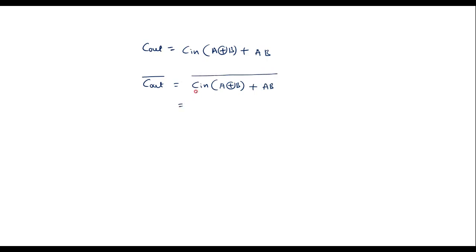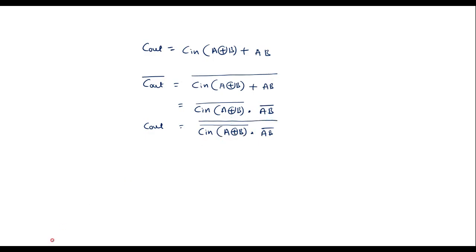Let me simplify this by applying De Morgan's theorem: complement of Cin(A XOR B) dot complement of AB. Taking the complement again, the complement of the complement is Cout, the same variable. So Cout equals the complement of the product of complement of Cin(A XOR B) and complement of AB. This is the final expression.